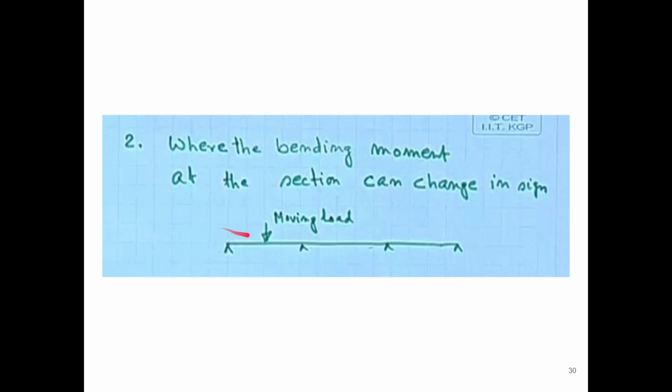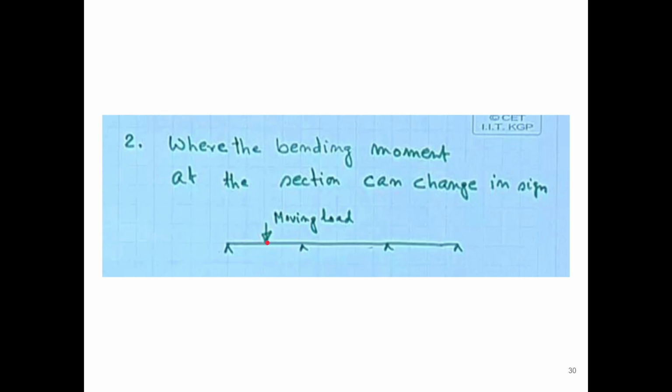When the vehicle reaches this point, the beam here will undergo sagging. Sagging means the upside portion will be under compression and the downside portion will be under tension. This is the case for which we have designed a singly reinforced section: the top zone is in compression and the bottom zone is in tension.